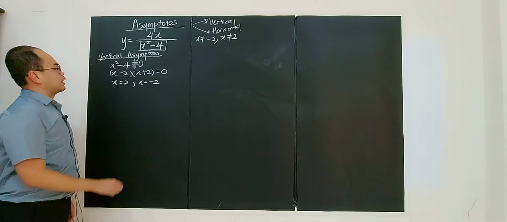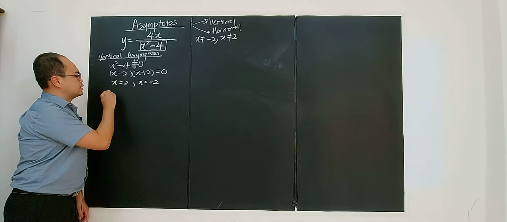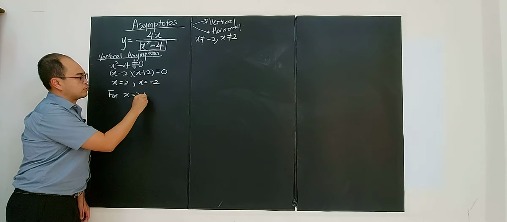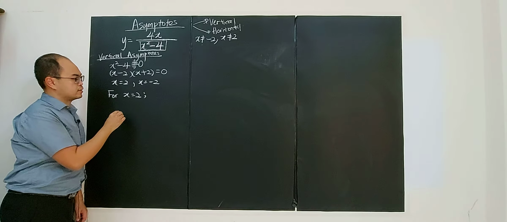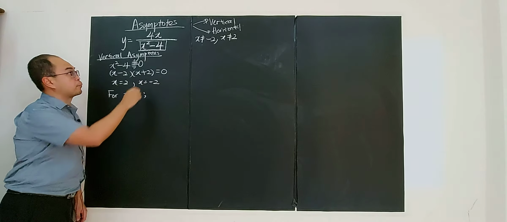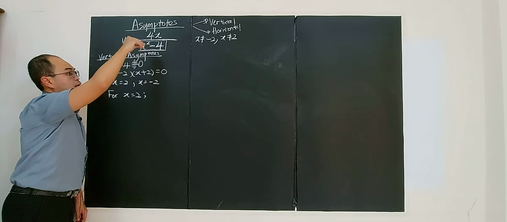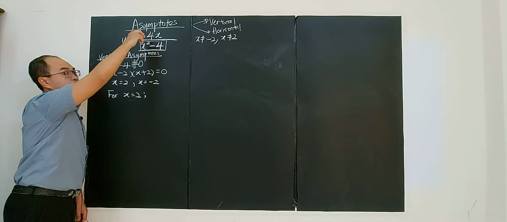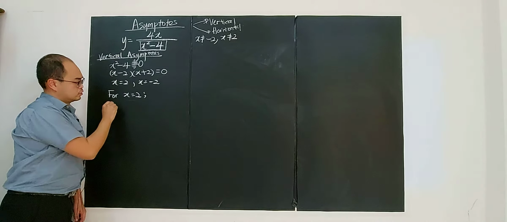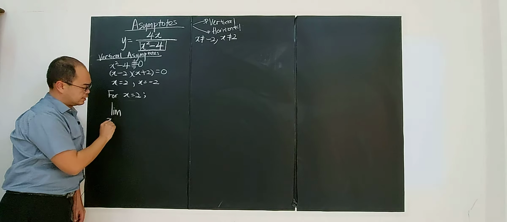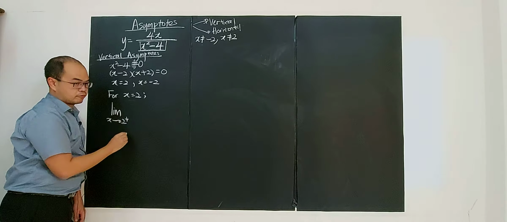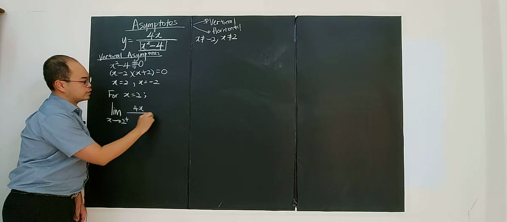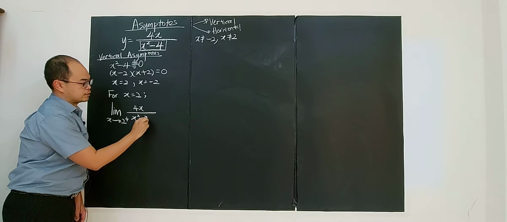So now we consider x equals 2. We want to verify the limit. If this is a vertical asymptote, the limit will approach infinity. Let's take the limit from the right of 4x over x squared minus 4.